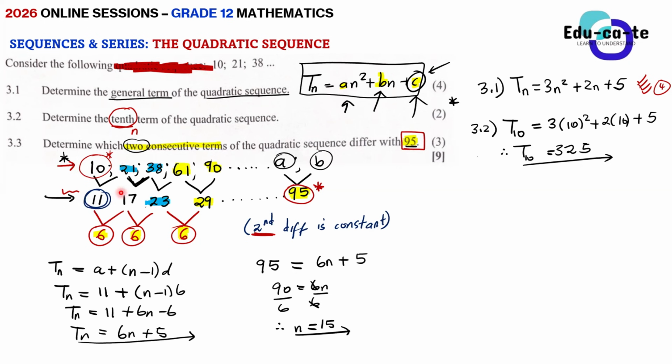If you continue with the trend, the difference between term 4 and term 3 will give you term 3 of the first difference. The difference between term 5 and term 4 will give you term 4 of the arithmetic sequence. Do you get the sense, guys?